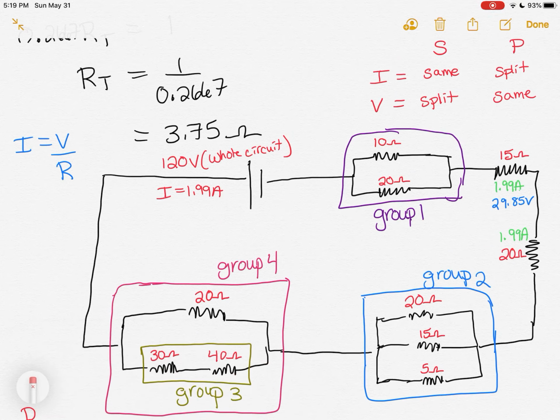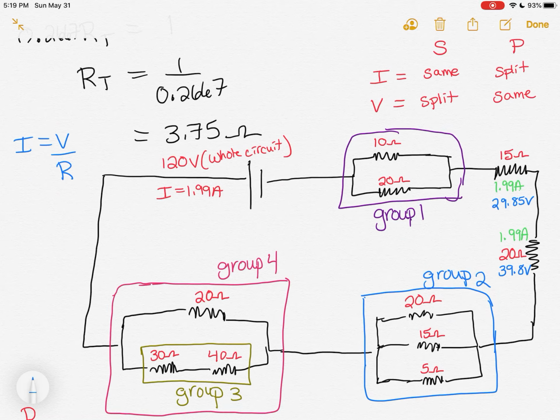And here we're 39.8 volts. Okay, and so we know that voltage is going to get split between things that are in series. And so it makes sense that we don't have the same voltage going through the 15 ohm resistor as we do the 20 ohm resistor.